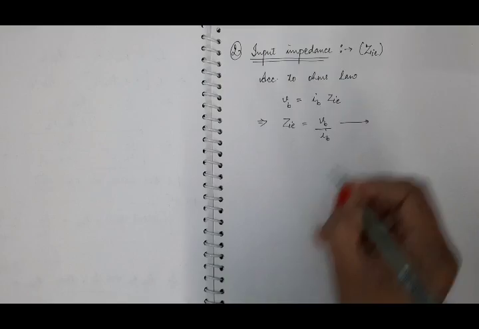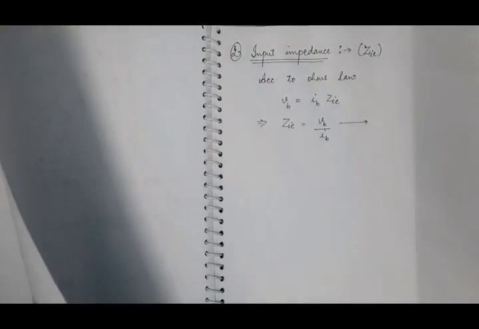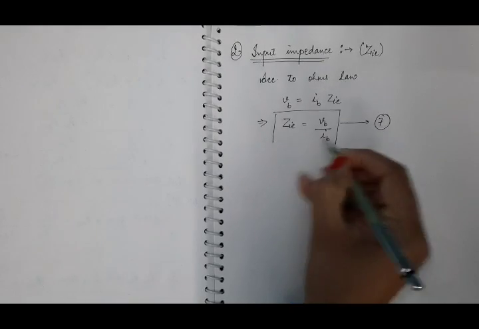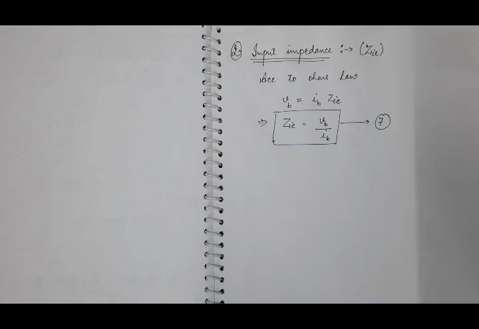Suppose this is equation number 7. And we have to find the values of VB or IB in terms of H parameters, and we need to find the expression of input impedance ZIE in terms of H parameters.